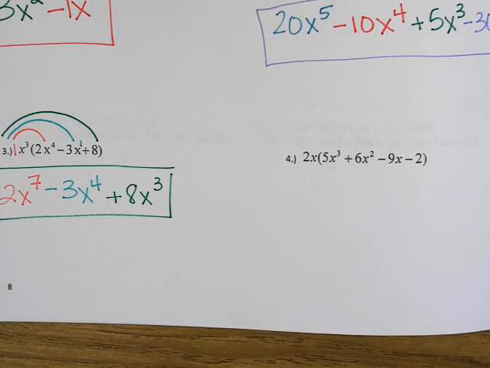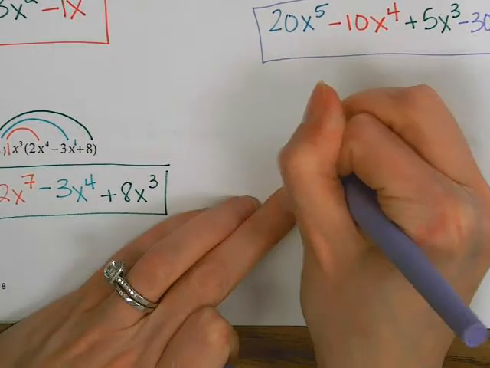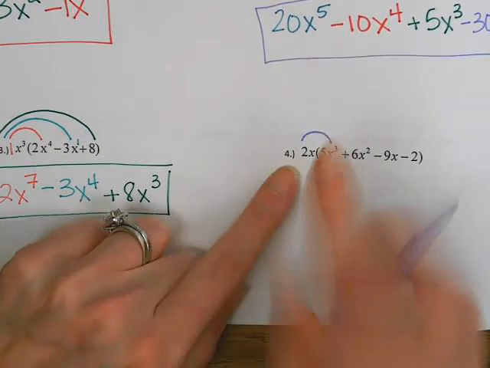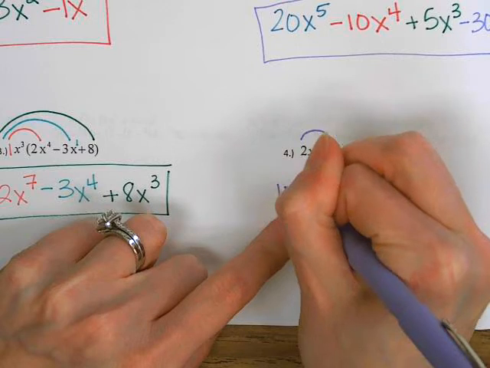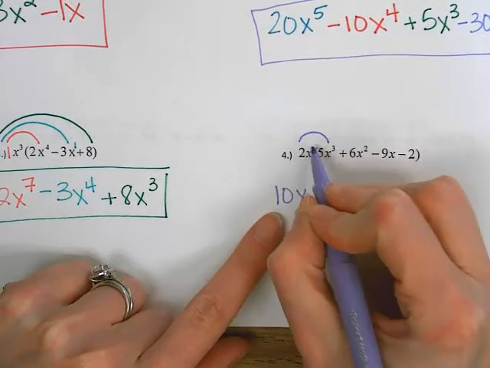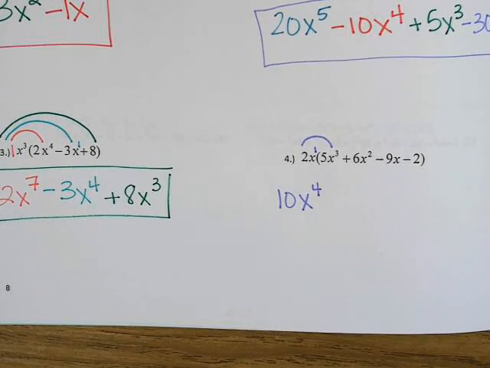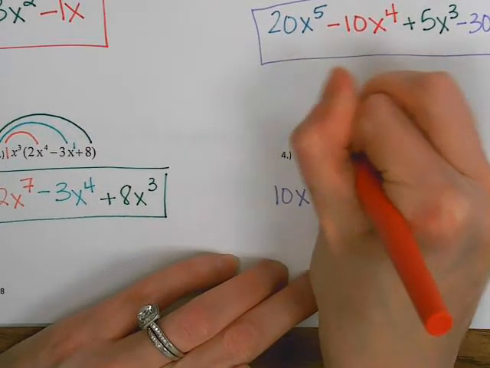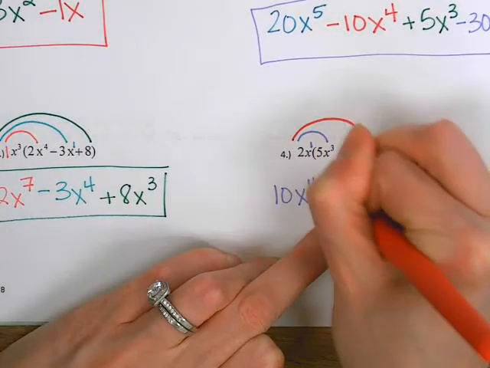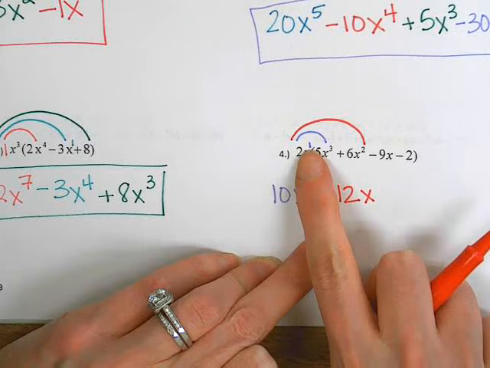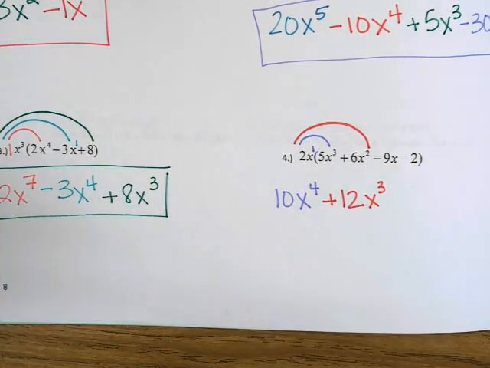All right, last one. If you haven't done any alone, try this one alone. 2x times 5x cubed. 2 times 5 is 10. How many x's when you add? 1 plus 3 is 4. All right, next one. 2 times 6 is 12. How many x's when you add? 1 plus 2 is 3.